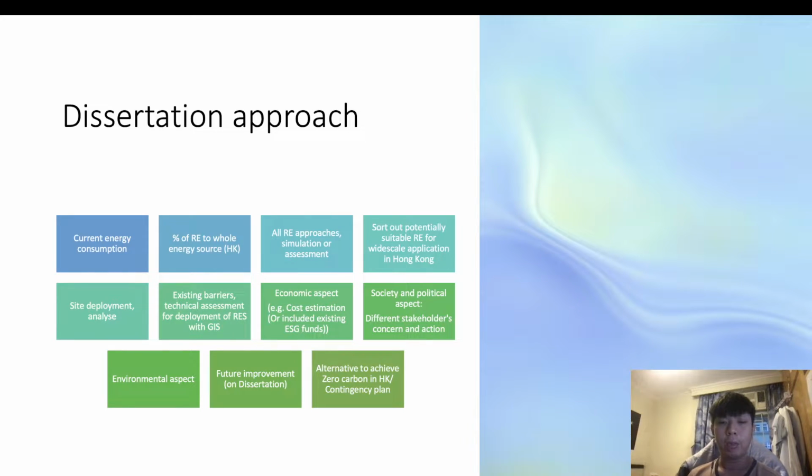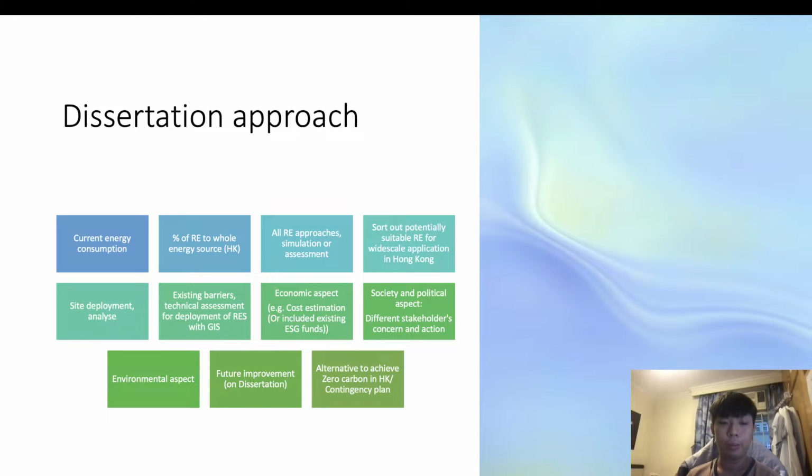Then economic experts, society and political experts, and environmental experts will also be considered, since for a comprehensive feasibility study report, other stakeholders concerned should also be catered for, or other kinds of experts, for example, cost management, or environmental impact.